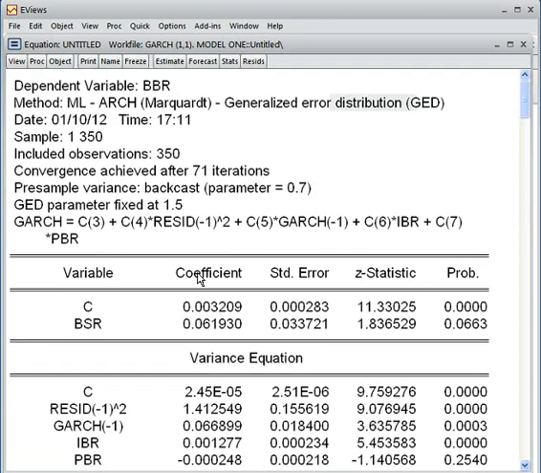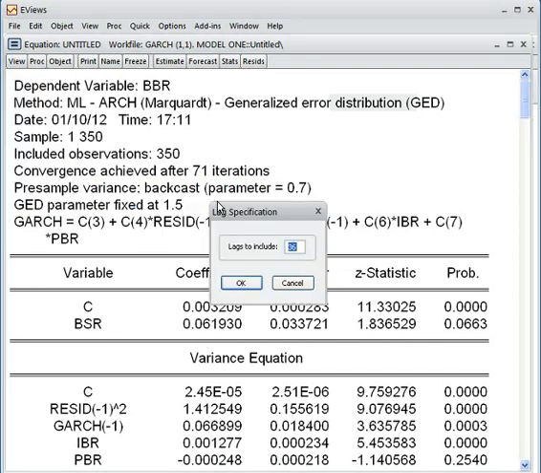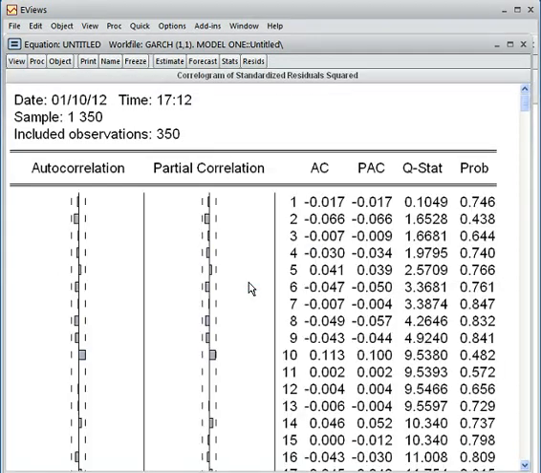Okay, first I check whether this model has serial correlation or not. I go to View as before, Residual Diagnostics, then Correlogram of squared residuals. I click here, and 36 lags as before.